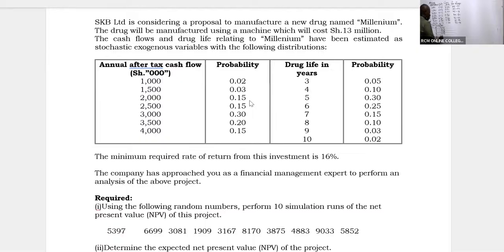Copy my figures at your own risk. 0.15. After that, I can see 0.10. After that, I can see 0.03, and then 0.02.